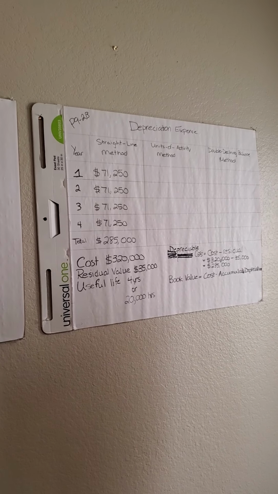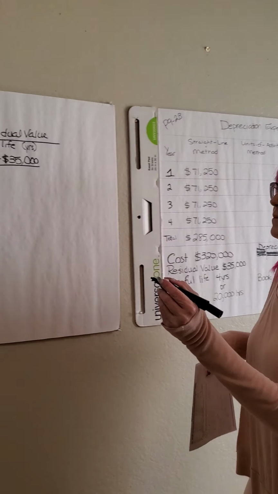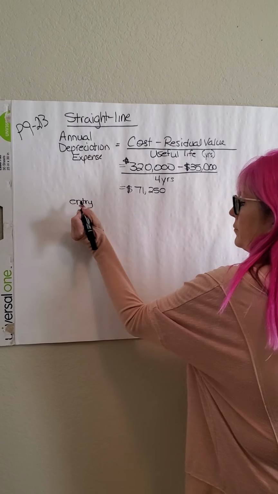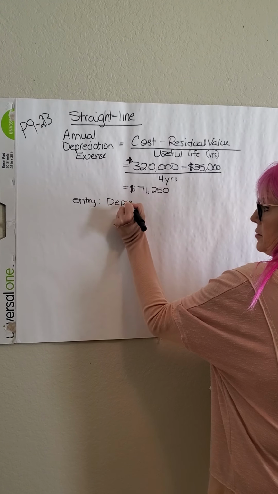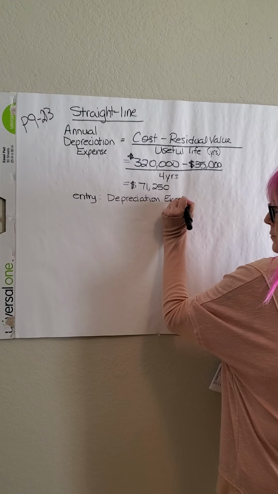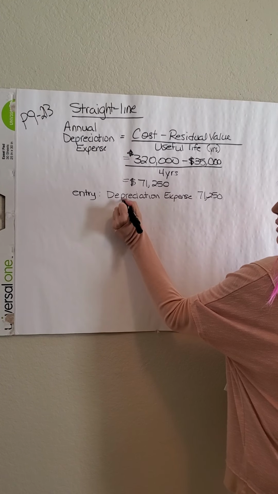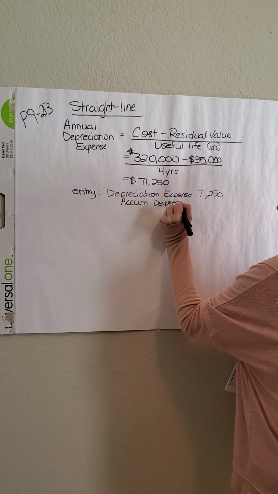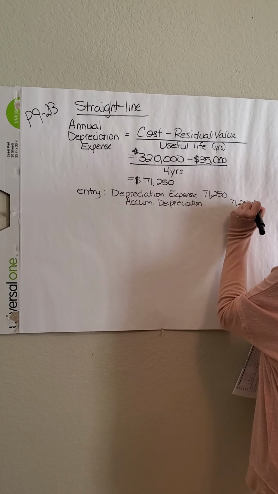So our journal entry every year under straight line would be depreciation expense for $71,250, and then we would credit accumulated depreciation for $71,250.